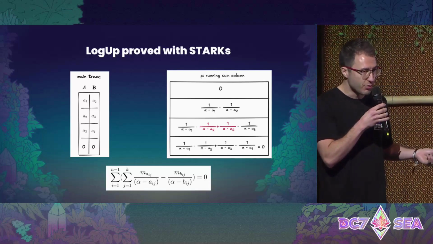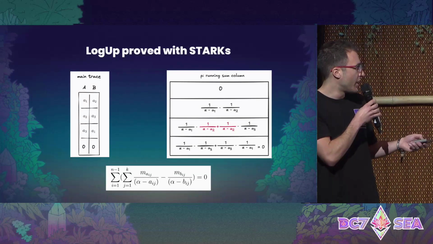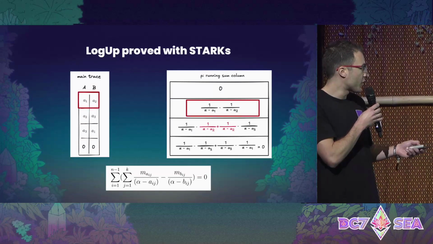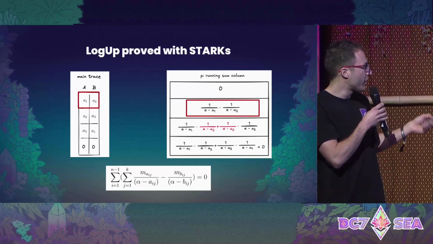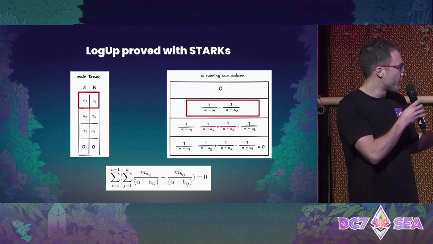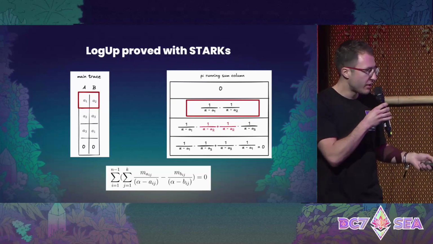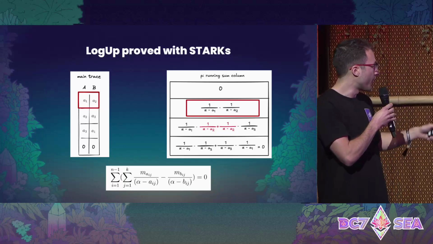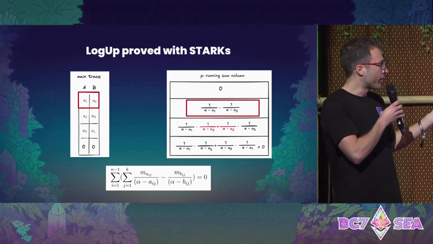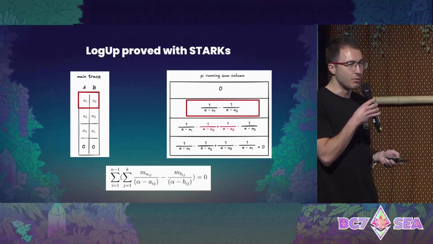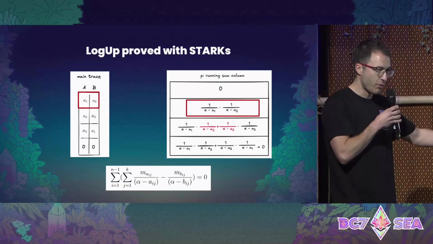So how is it built? It starts at 0, and then following our equation, if we look at the first element, it's off by 1 compared to the trace, but all the multiplicities are 1, and so we have 1 over alpha minus A1, the element in the multiset A, minus 1 over alpha minus A2, the element in B. That, again, is just from our equation.